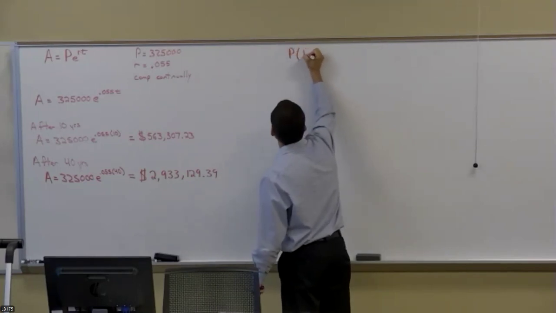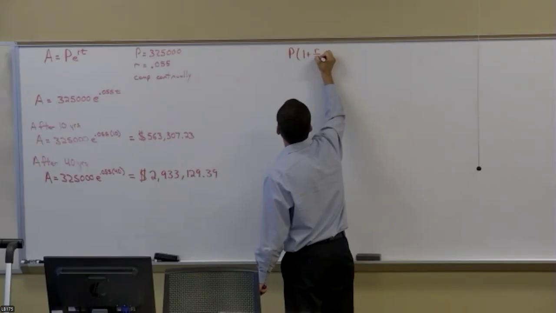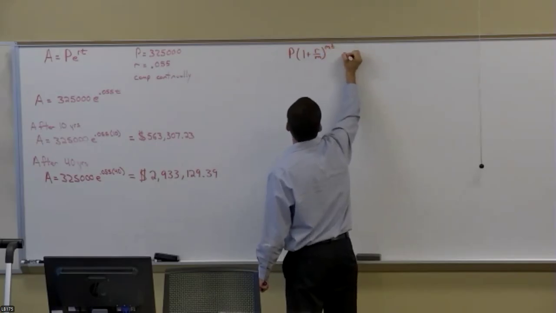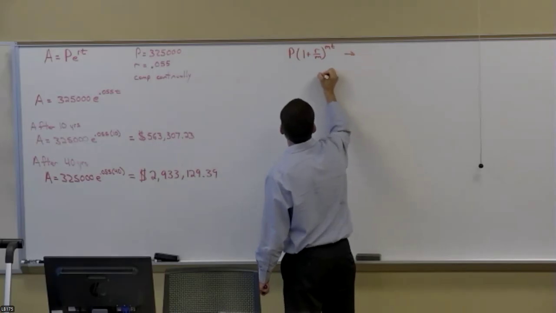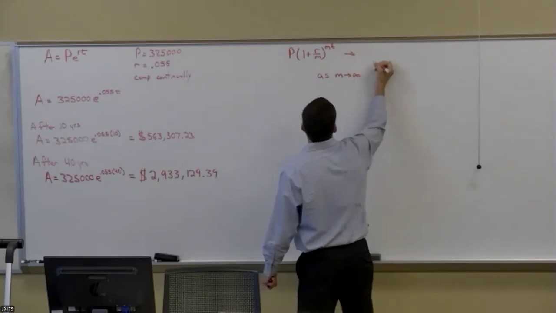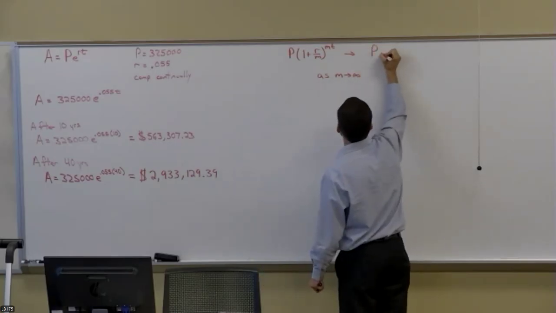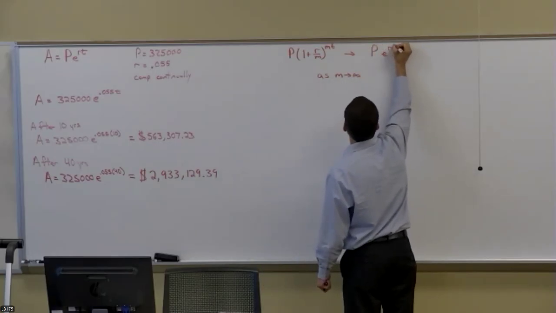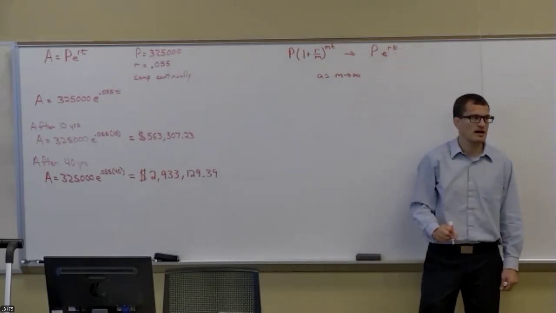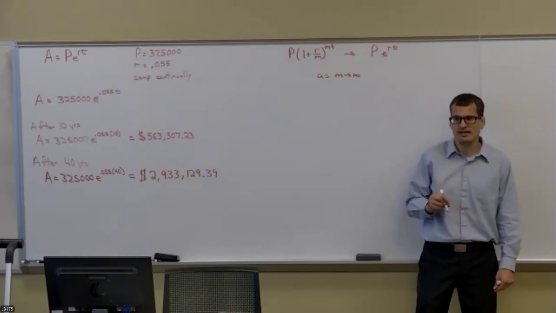We went from 1 plus r over m to the mt, and as m got bigger, that changed to p times e to the rt, as m got super, super big.